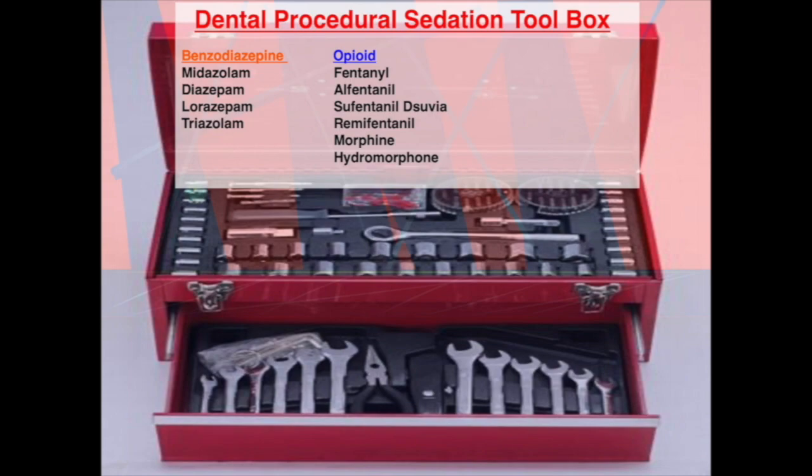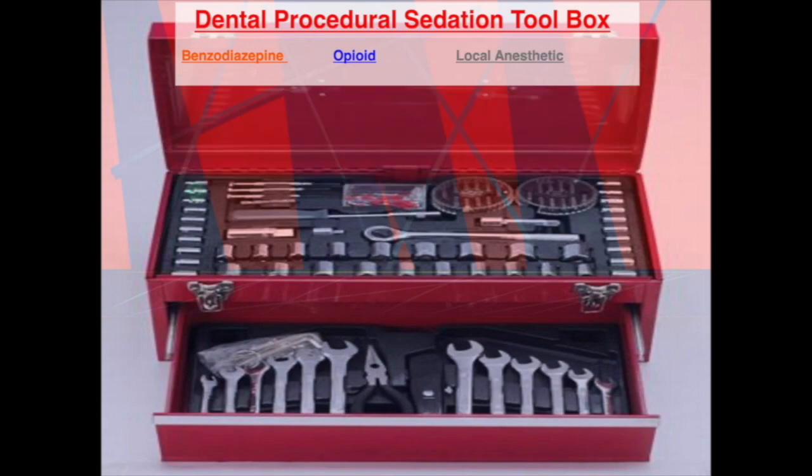Remifentanil is a drug that's mixed up in a syringe and has to be given through a pump, and it provides narcotic relief during the surgery, and it's metabolized by esterases in the bloodstream. Hydromorphone is a potent post-operative drug that we use. It's also called Dilaudid.